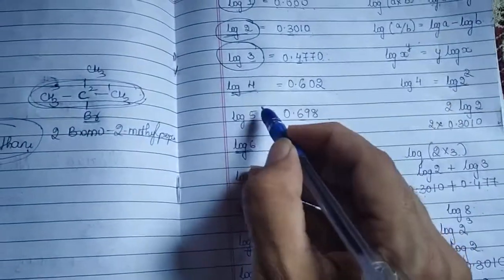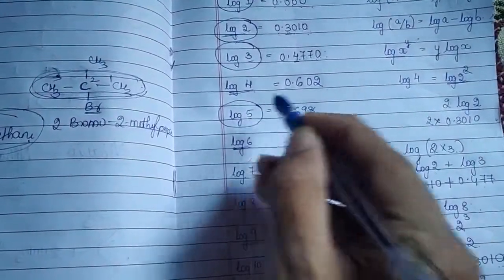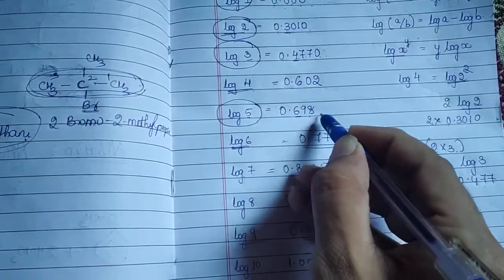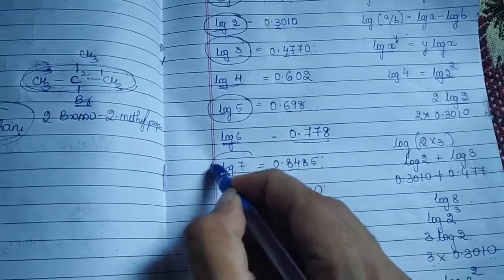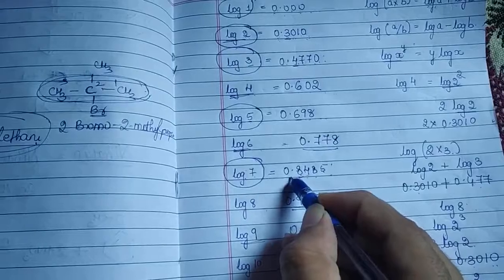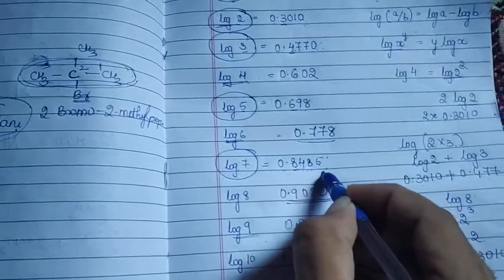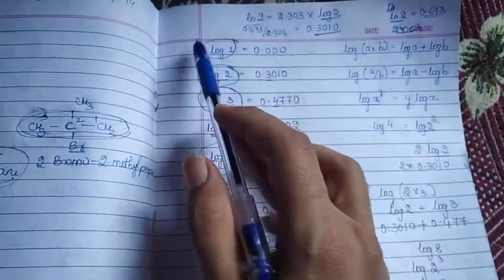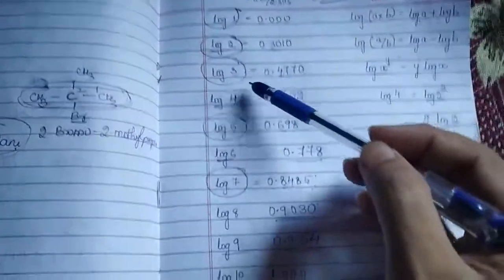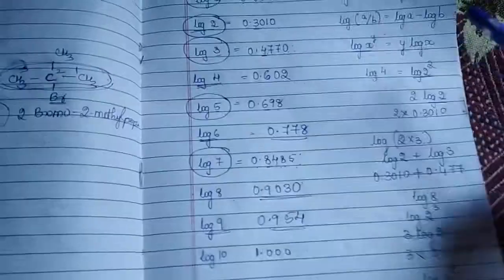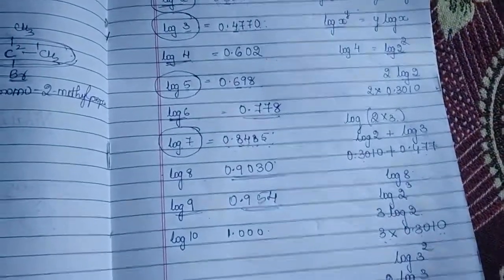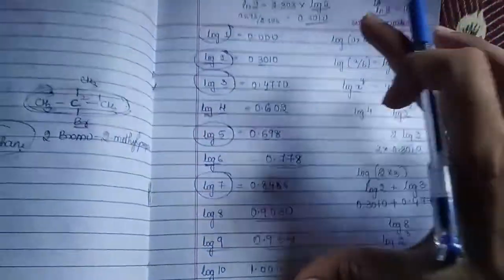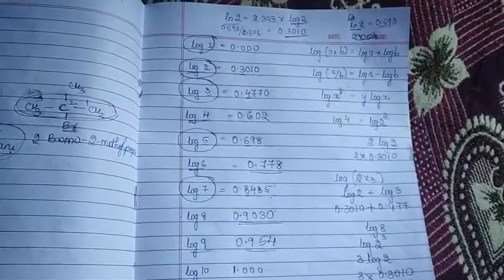Then log 5 is 0.698. And the last one is log 7, that is 0.8485. Nice number, 0.8485. If you just remember these 5 log values, you can easily calculate the other log values. For our further calculations, we will be requiring these numbers.